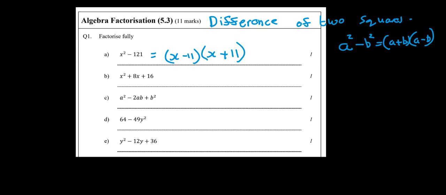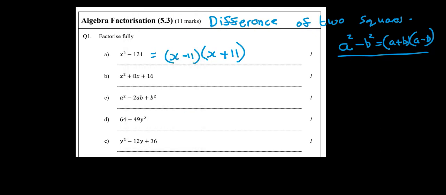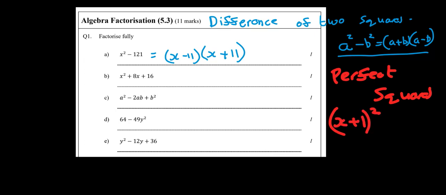So this is called a difference of two squares, and we have something else called perfect squares. Now they often get mixed up. A perfect square is like x plus 1 squared, y minus 1 squared, and even a minus b, all perfect squares.